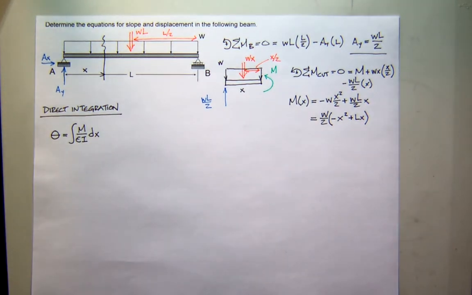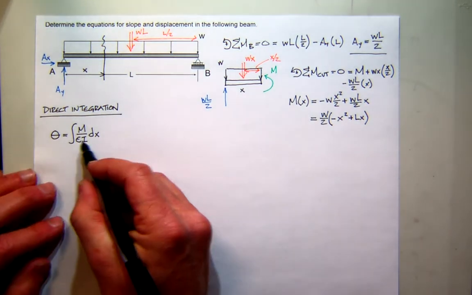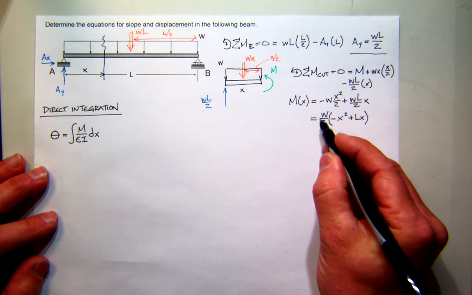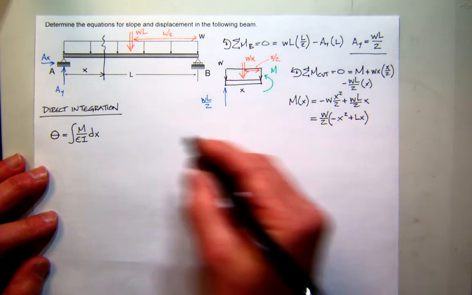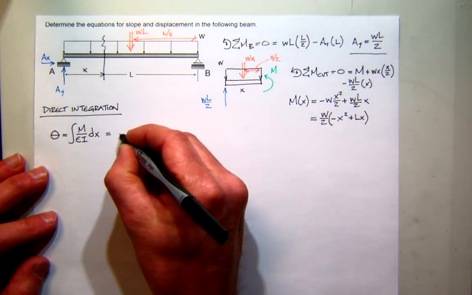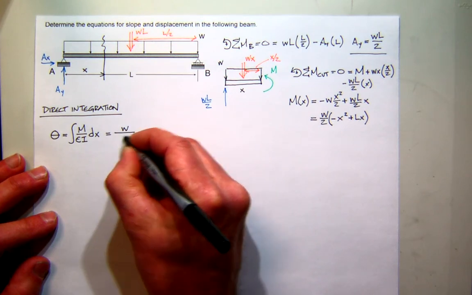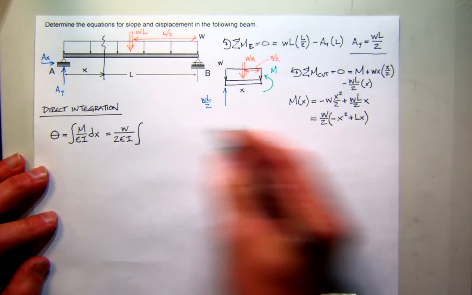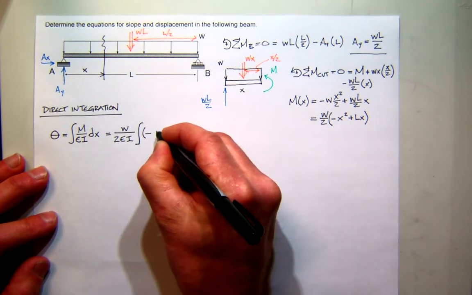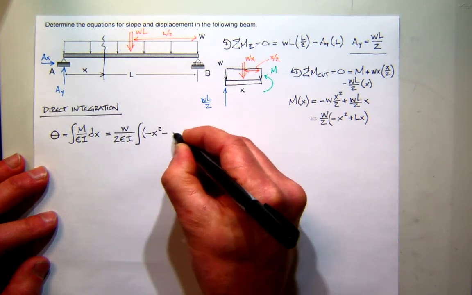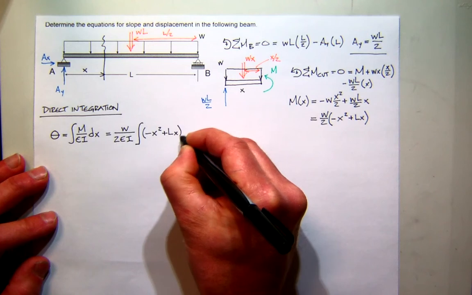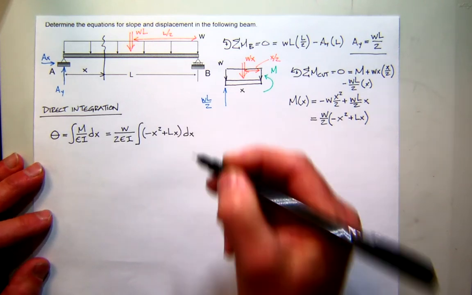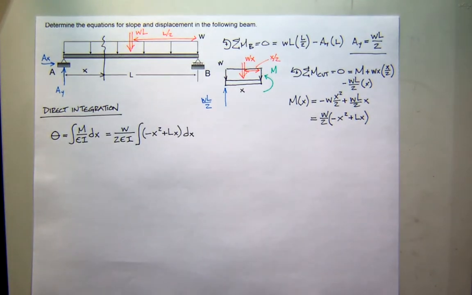So we know E. So I'm going to factor EI out, and I also have in my moment diagram this constant W over 2. So I end up with W over 2EI times the integral of the moment, and that moment is negative x squared plus Lx, and we'll integrate it over a little chunk dx. Is that okay? Did I make any mistakes? So I just have to do that integration.